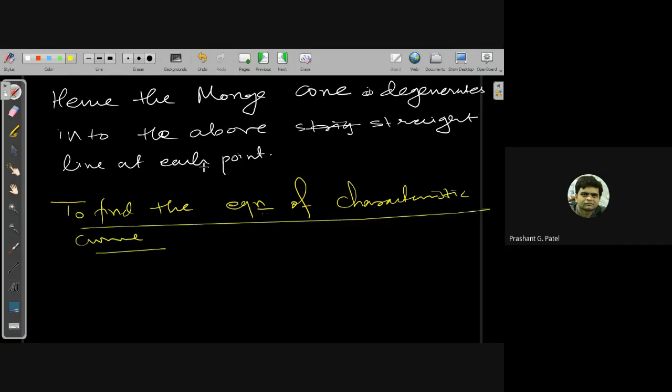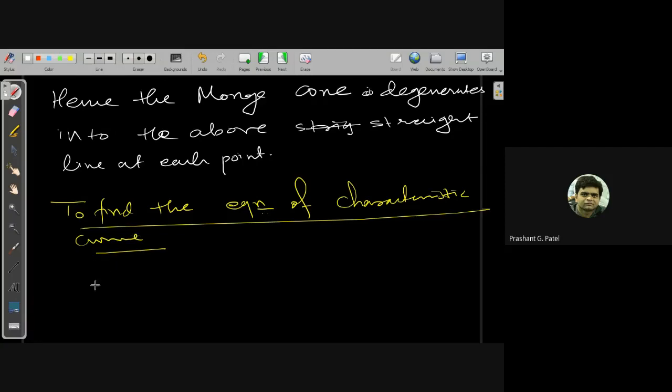The line of contact between the tangent plane to the solution surface, or I can say integral surface, and the Monge's cone at the point is the generator of that Monge's cone. So the intersection of the tangent plane, the solution surface, and the Monge's cone is the generator of the Monge cone.